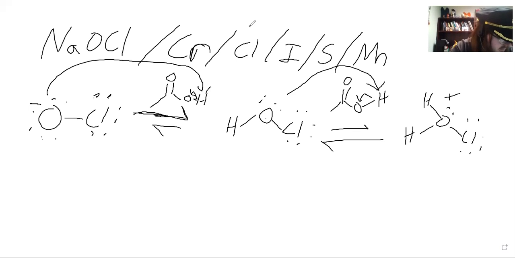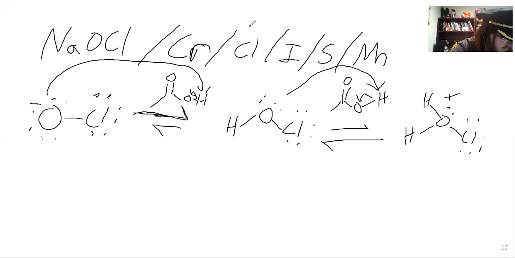It's not super stable, but now suddenly we have a very reactive intermediate. We have a chlorine as a good leaving group, a positive chlorine that wants to, as you'll see, donate electrons.